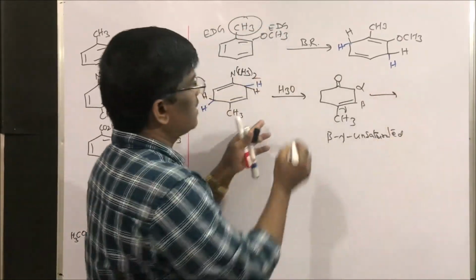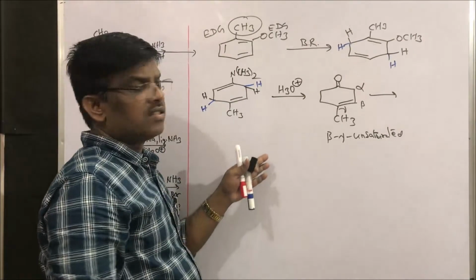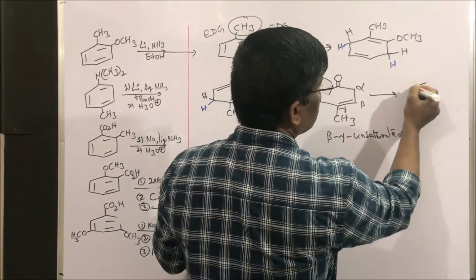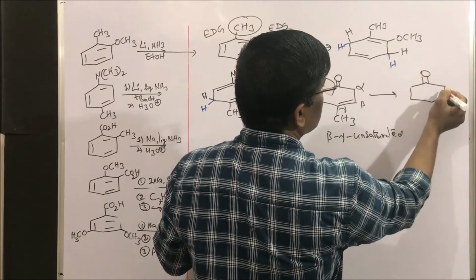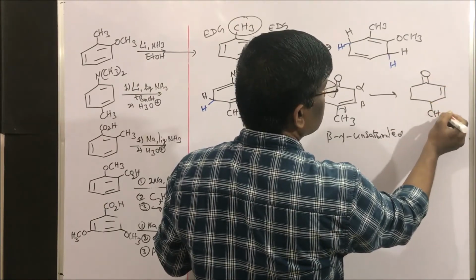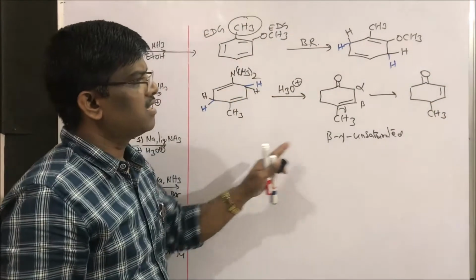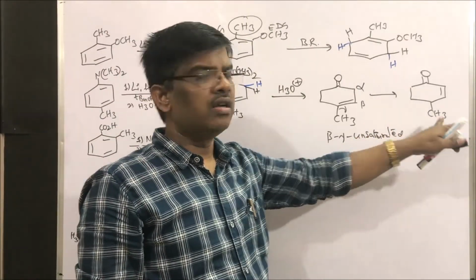So in the presence of acid, since we are using acid, it isomerizes to the alpha, beta unsaturated ketone, which is highly stable. This is the alpha, beta unsaturated ketone we are going to get.